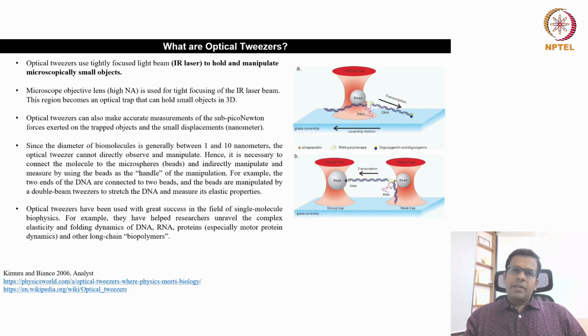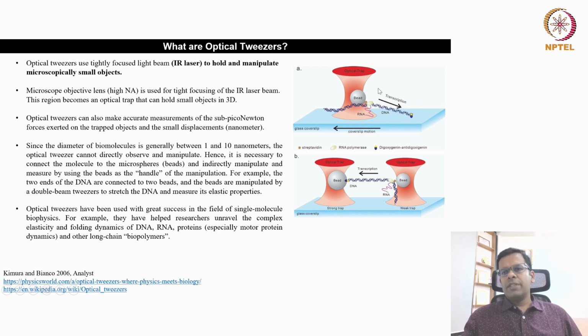So let us understand what optical tweezers are. Optical tweezers use a tightly focused light beam, generally an infrared laser, to hold and manipulate microscopically small objects. A microscope objective lens, generally of high numerical aperture, is used for the tight focusing of the IR laser beam, and this region becomes an optical trap that can hold small objects in 3 dimensions.